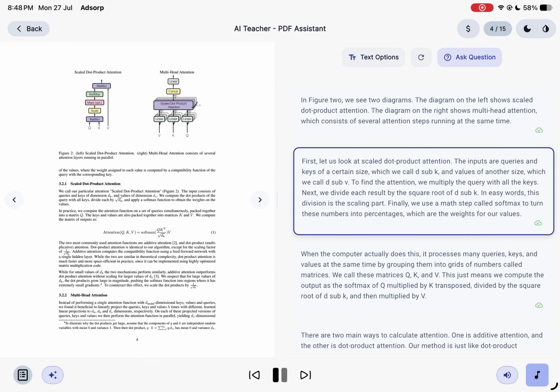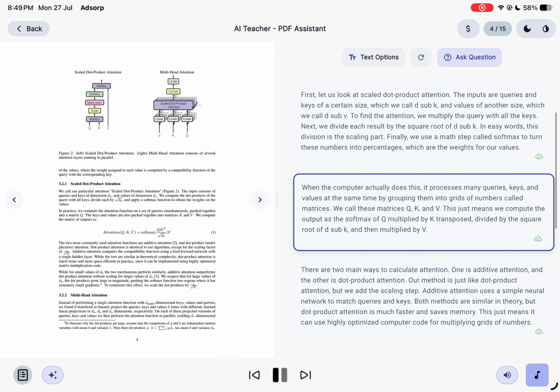First, let us look at scaled dot product attention. The inputs are queries and keys of a certain size, which we call d sub k, and values of another size, which we call d sub v. To find the attention, we multiply the query with all the keys. Next, we divide each result by the square root of d sub k. In easy words, this division is the scaling part. Finally, we use a math step called softmax to turn these numbers into percentages, which are the weights for our values.